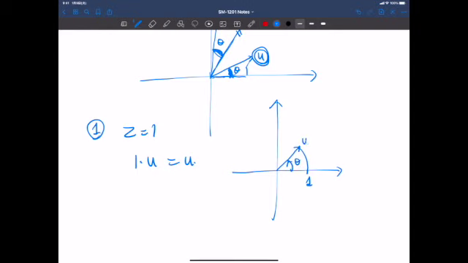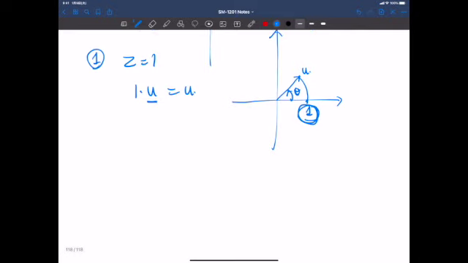This is u. So at least for this particular complex number, multiplication by u represents a rotation by the argument of u. Then next, consider any complex number.